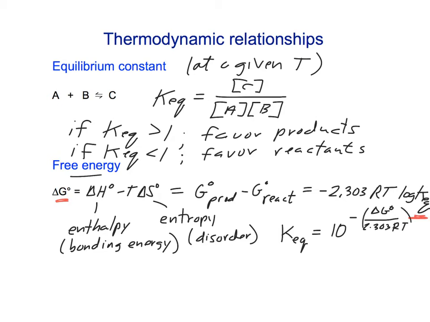And I put this in parentheses. So now let's compare to what we wrote for the equilibrium constant up above. So if the equilibrium constant is greater than 1, we know that this favors the products.